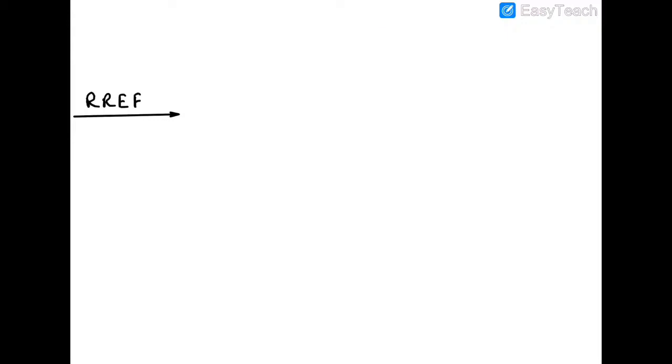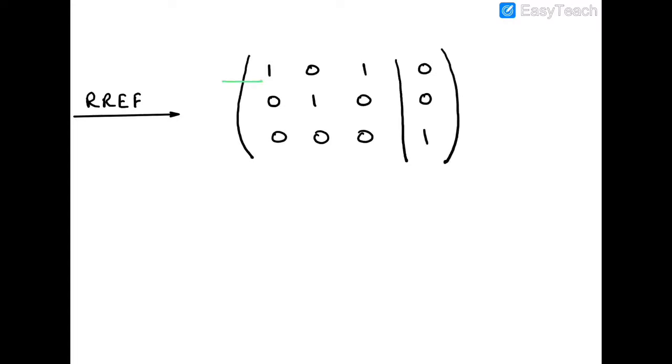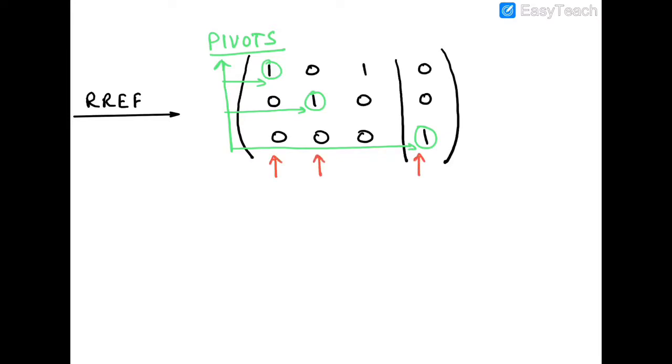Now let's take one more matrix in RREF, and that matrix is 1 0 1 0, 0 1 0 0, 0 0 0 1. So the leading entries for rows 1, 2 and 3 are 1, and these are the pivots, and these are the columns that contain them, and these are called basic columns, or we can call them pivot columns too.